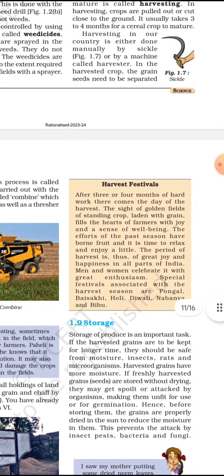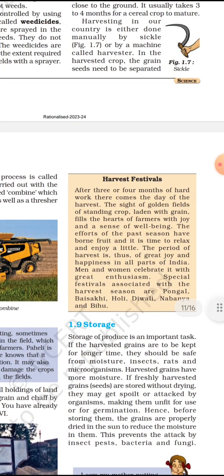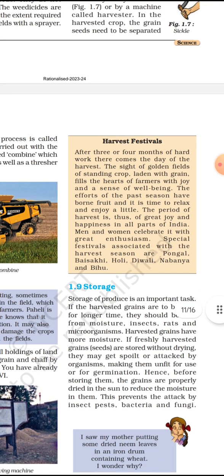And there are some harvest festivals. After great hard work comes the day of its result, and we take some time to relax and enjoy, celebrating with great enthusiasm and happiness in all parts of India. Mainly in the south we call it Sankranti or Pongal, and elsewhere Baisakhi, Holi, Diwali and others.